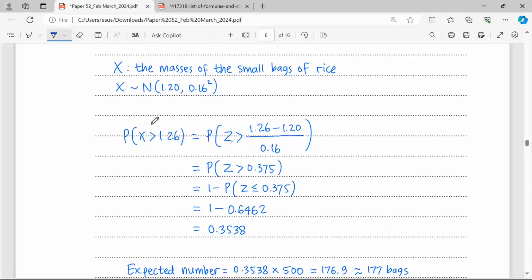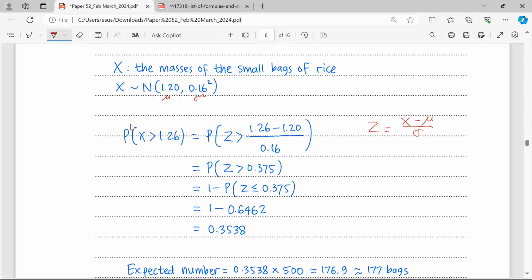Remember that if we are dealing with a normal distribution, we have to bring it to a standard normal distribution in order to use the table. The transformation that we use is given by z equals x minus mu over sigma. Remember, this is mu and sigma squared, so mu is 1.20 and sigma is only 0.16.